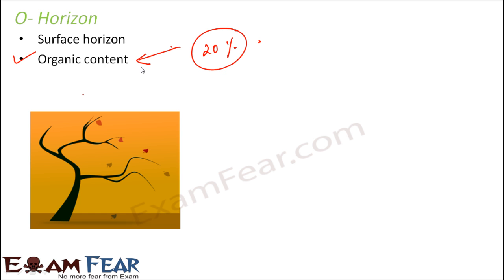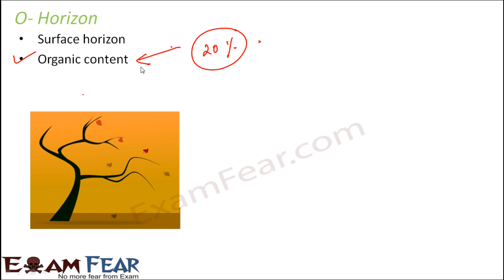Again, it is not necessary that the soil horizon everywhere will be made up of these specific layers only. In some places the O horizon might be present, in some other places it might not be present, because this layer is mostly seen in areas where there is high production of leaf litter.